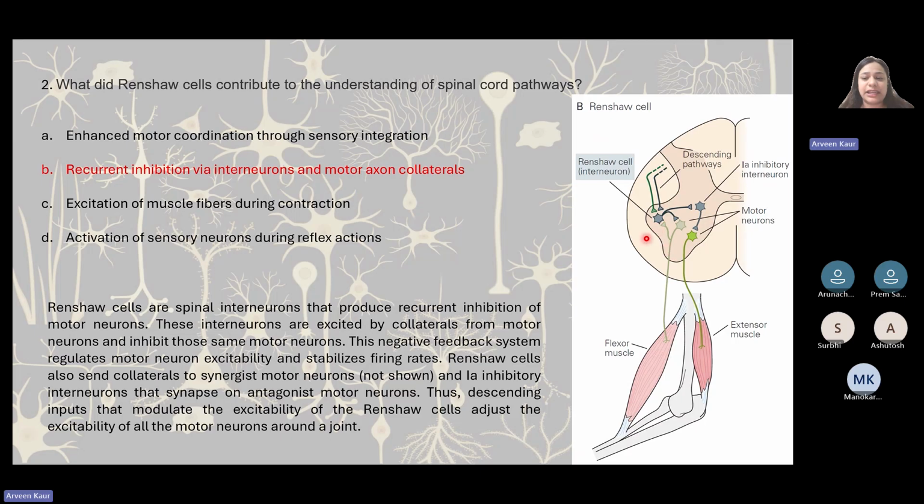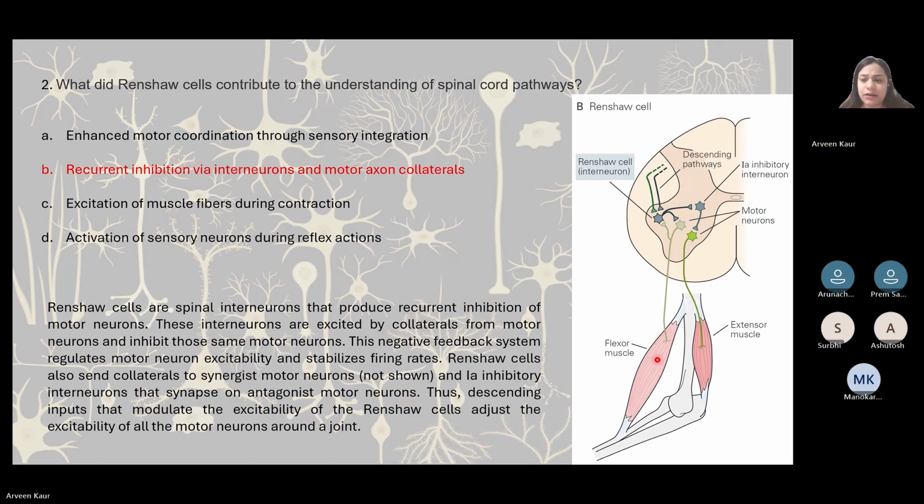So it will be a negative feedback response for the same muscle also, and along with that, it will also assist in establishing this network of the inhibitory neuron as well, right? So Renshaw cells are spinal interneurons that produce recurrent inhibition of motor neurons. These interneurons are excited by collaterals from motor neurons and inhibit those same motor neurons, right?